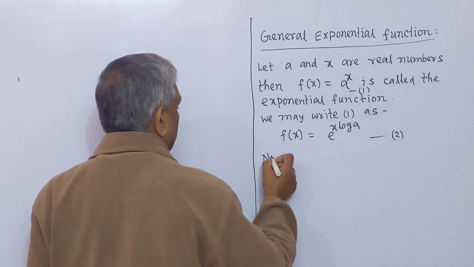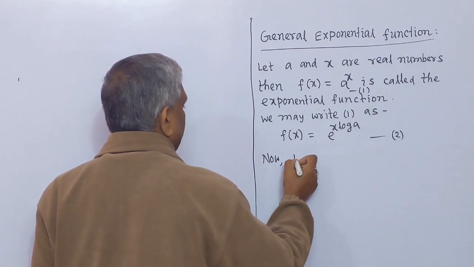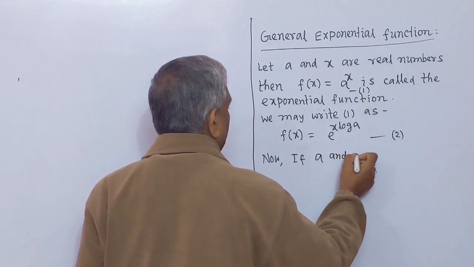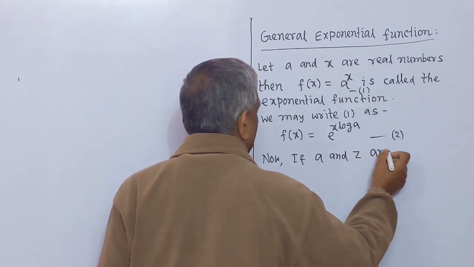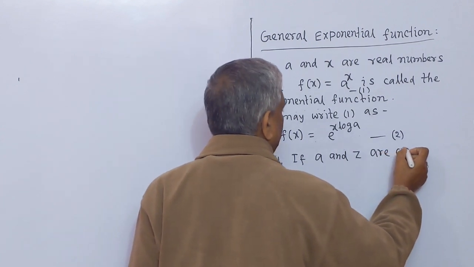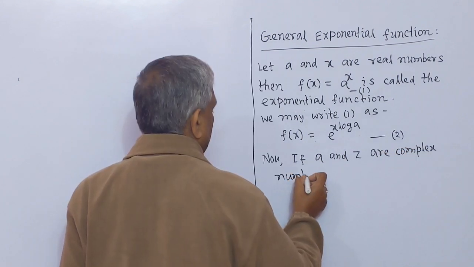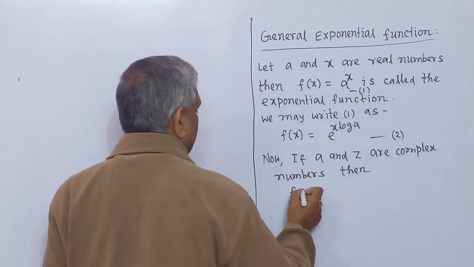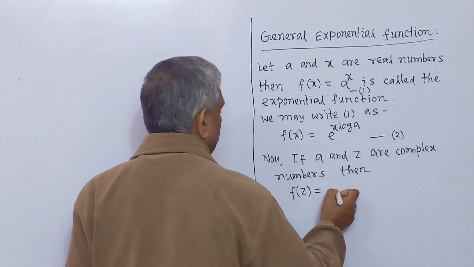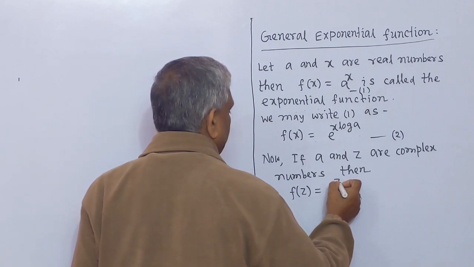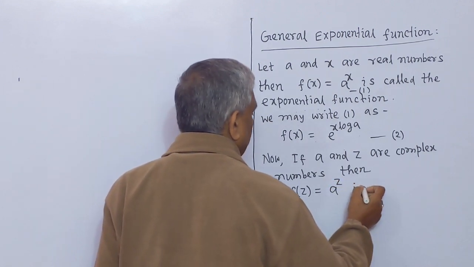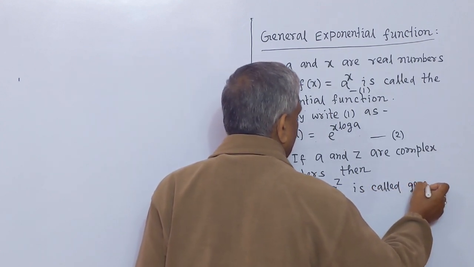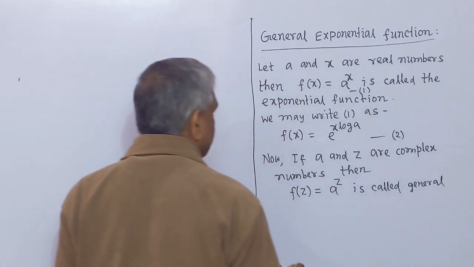Now, if a and z are complex numbers, then the function f(z) = a^z is called the general exponential function.